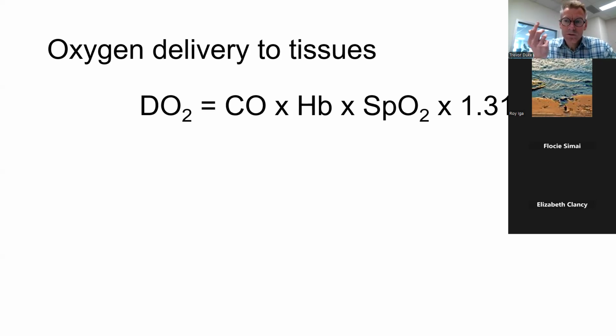When we think about the purpose of using inotropes or vasopressors, we are trying to maximize or optimize the oxygen delivery to tissues. The oxygen delivery equation is the cardiac output times the hemoglobin times the oxygen saturation times a factor of 1.31.